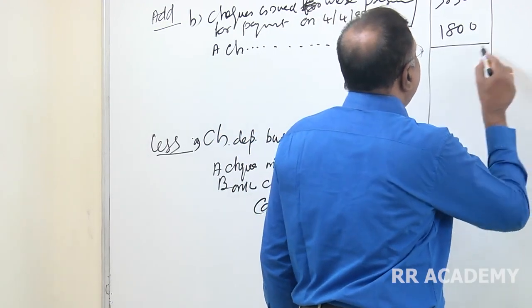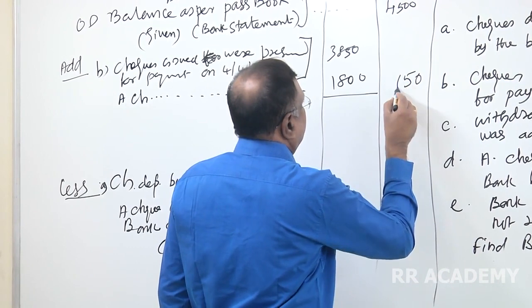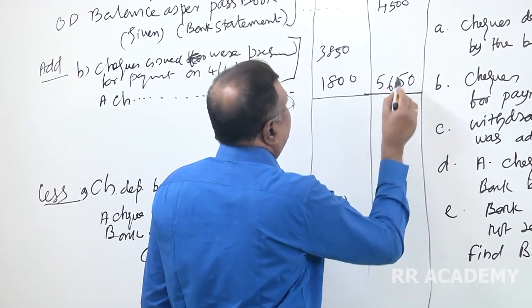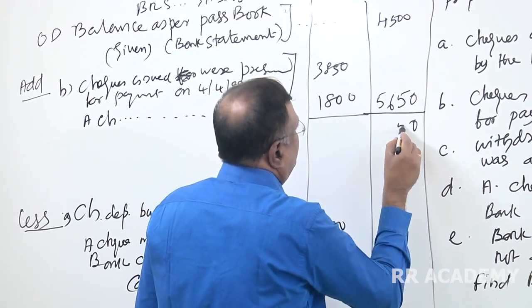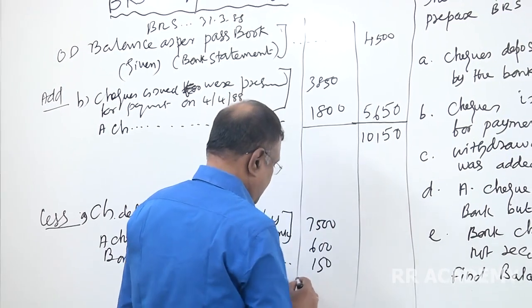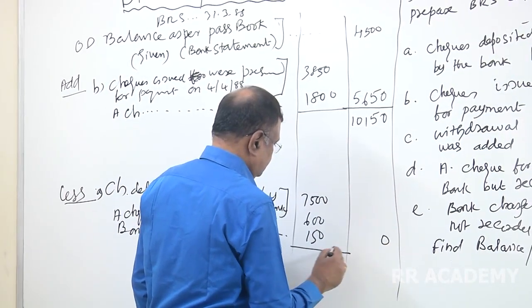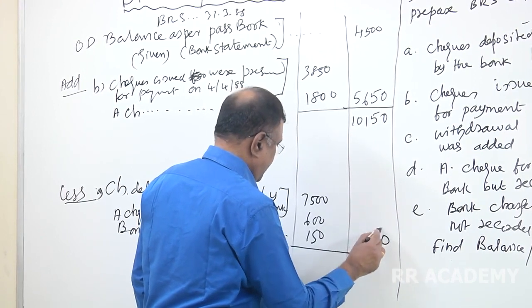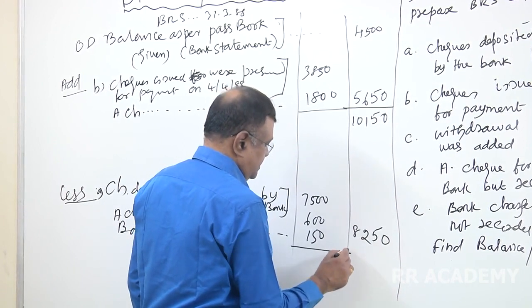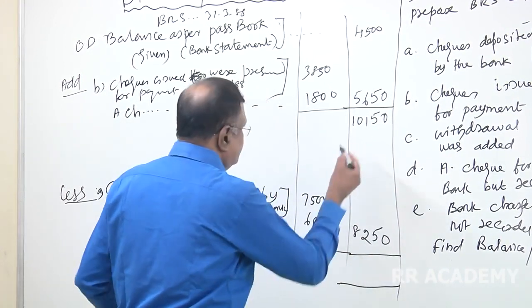Therefore, answer 0, 5, add 0, 5. Now less. Okay, less.